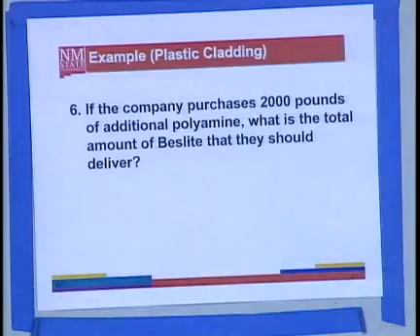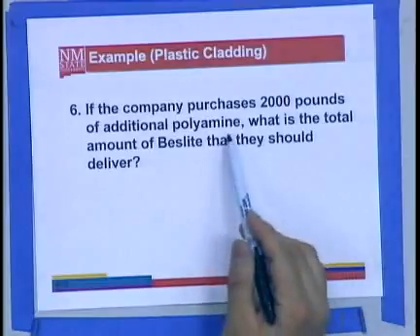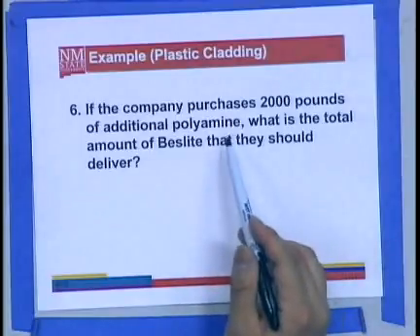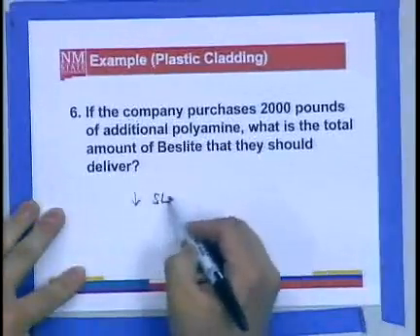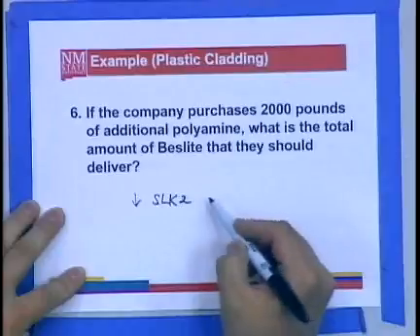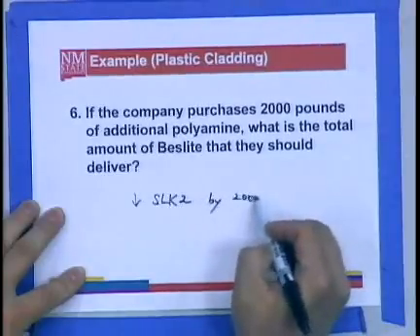From the previous questions, number 4 and 5, we've learned purchasing 2,000 pounds of additional polyamine is equivalent to decreasing slack 2 by 2,000, right?